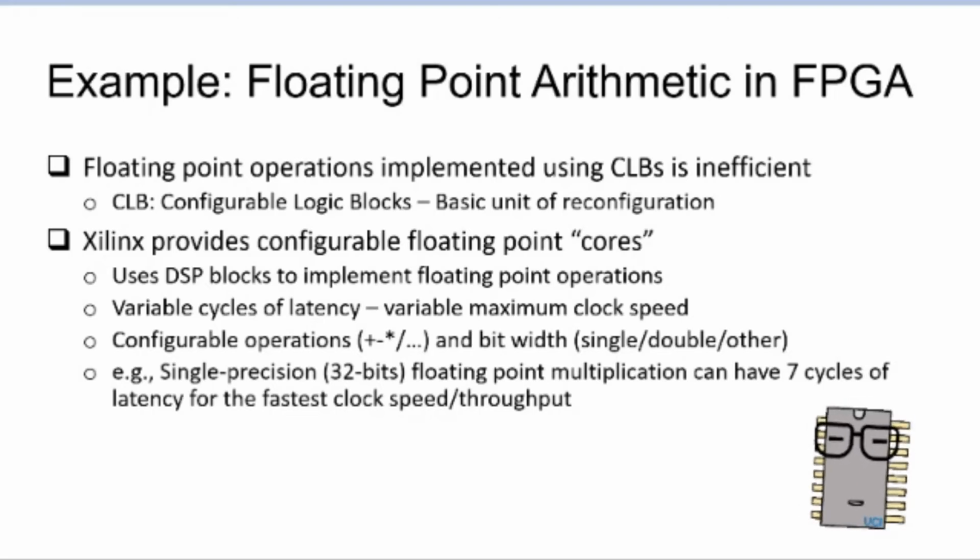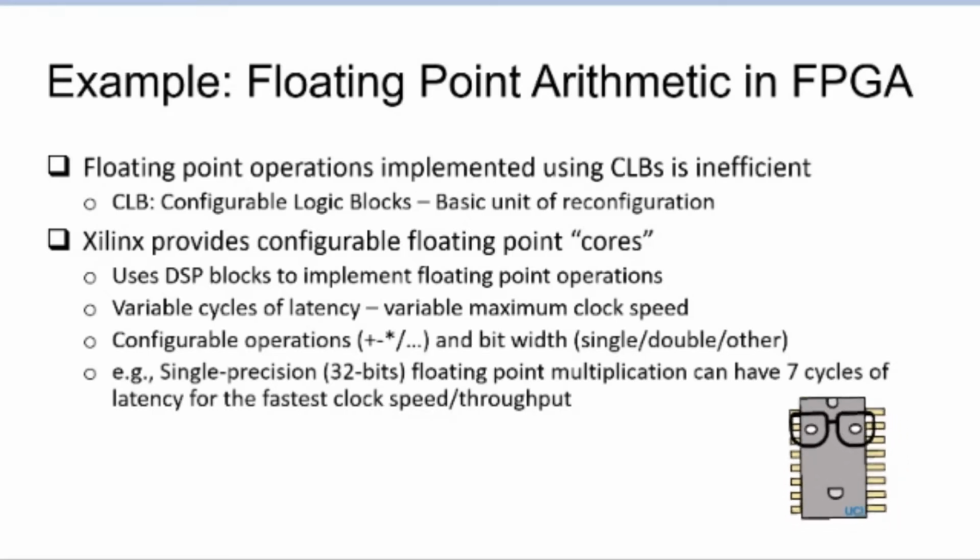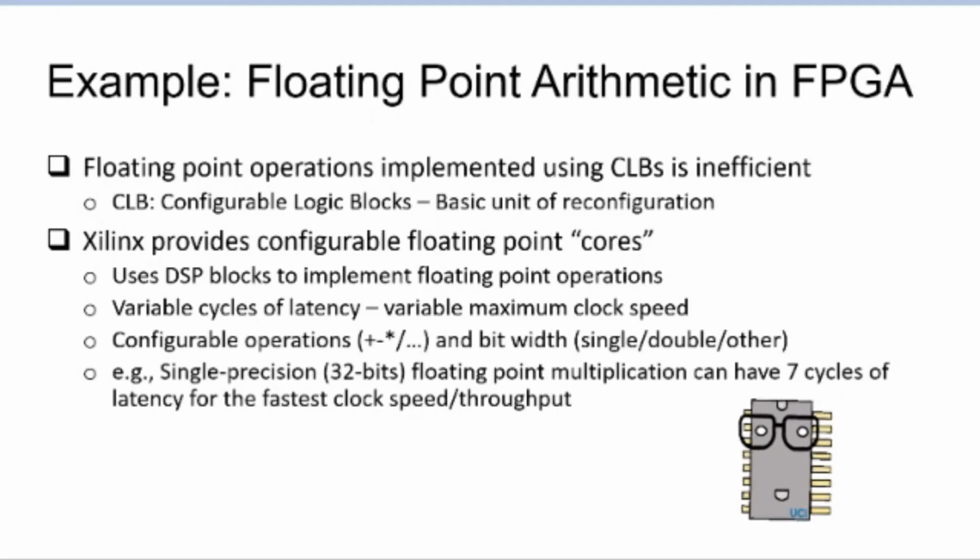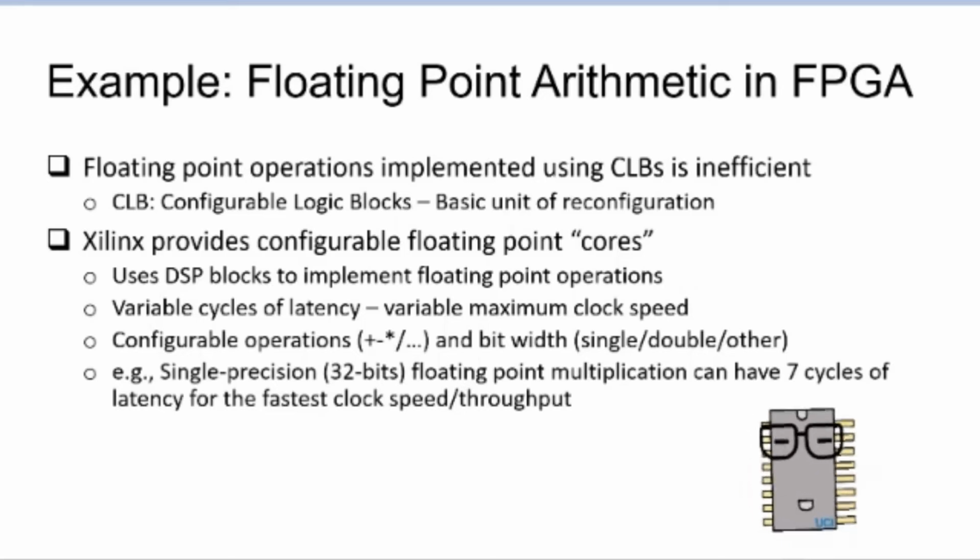If you want to have a deep pipeline to achieve higher clock frequencies, because higher clock frequencies often translate to higher performance, the single precision floating point multiplier module can have seven cycles of latency if you want it to go as fast as possible. You can configure it to have lower cycles of latency. You can have it implemented in 2 pipeline stages, 3 pipeline stages, whatever. But your attainable clock frequency will be slower if you go down that path.